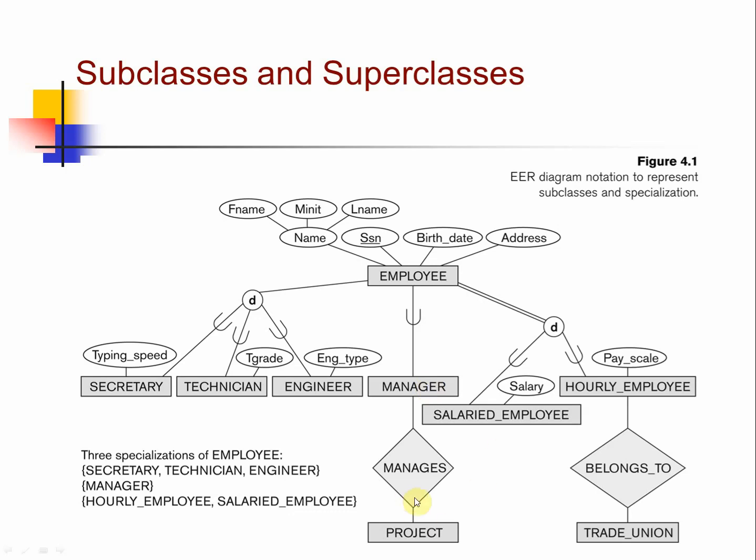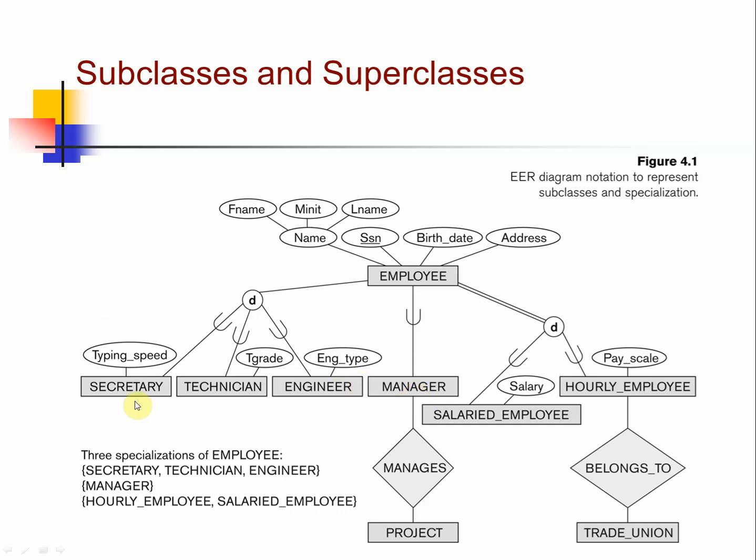they can have their own relationship. So you can see that managers are able to manage some projects. So only the managers manage the project. If you are a basic employee who is not a manager, then you don't manage projects. So you can see that once we separate this out, this relationship only applies to the manager subcategory.